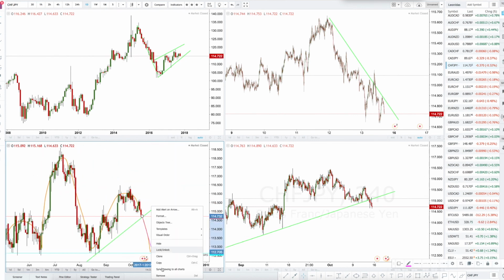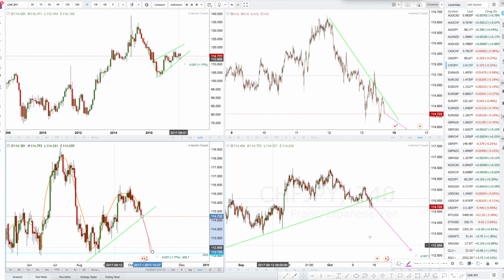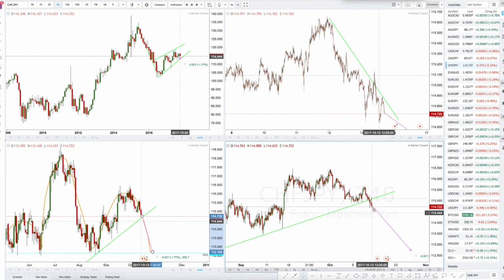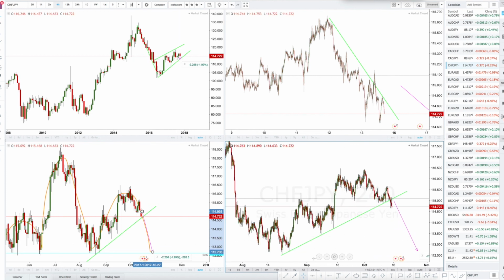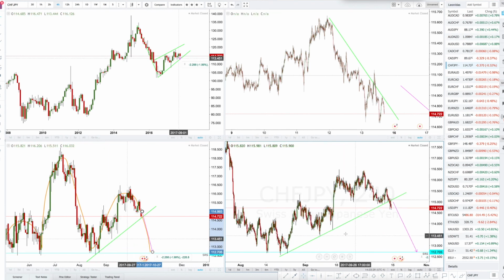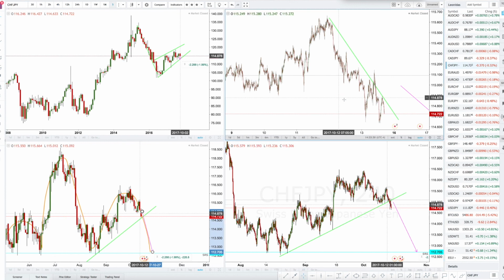So let's put it on all the charts, and so we're going to be short there. That gives us extra pips. So you're looking at about 230 pips of movement, which is nice. So down to this support right here.